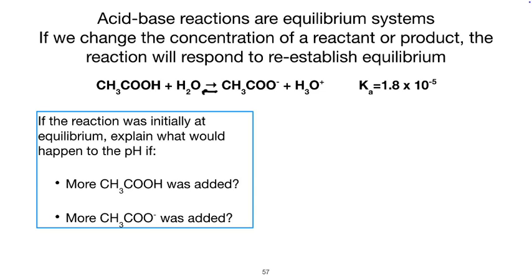What happens if I increase the concentration of acetic acid? What's my equilibrium going to do? It has to get rid of that increase by shifting to form the products, which means we're going to see an increase in the concentration of the acetate. We'll see an increase in the concentration of H3O+.